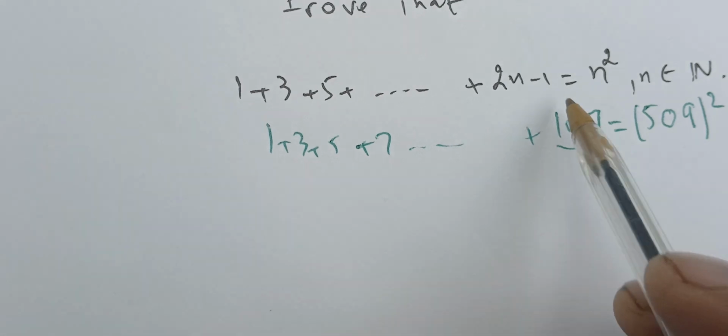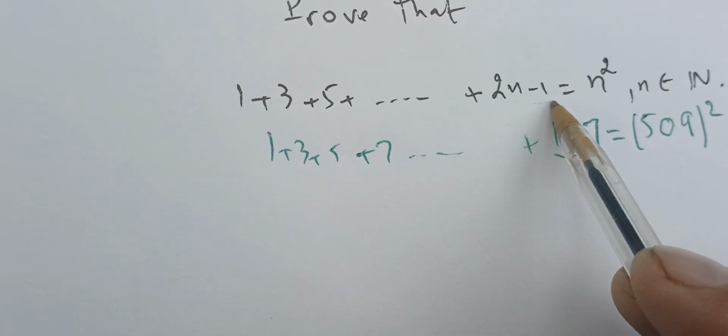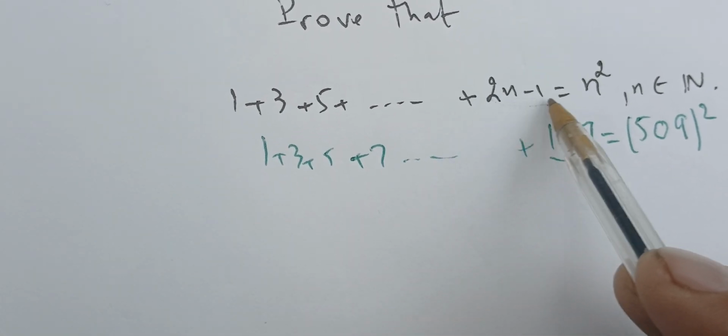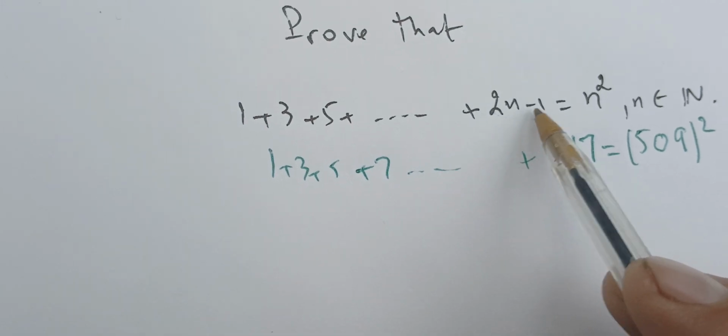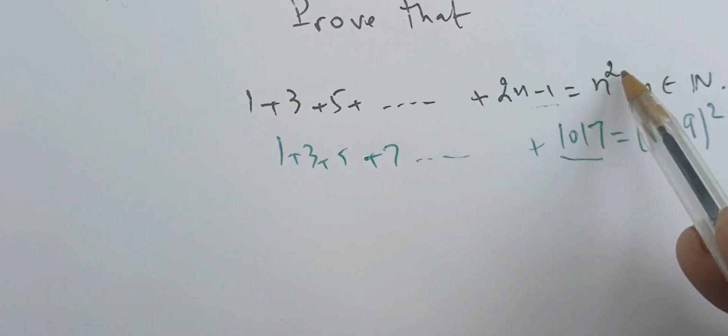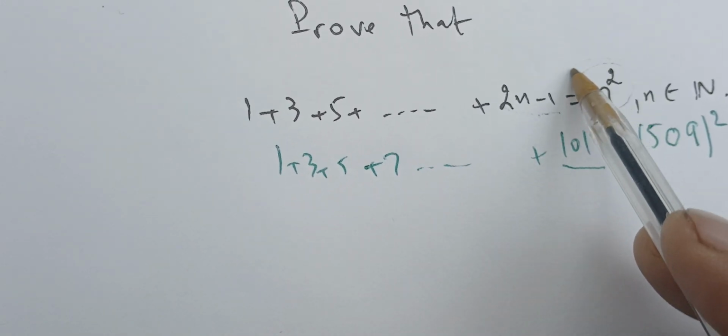Remember this integer here, 2n minus 1. What's the next one coming after this one? 2n. We divide it by 2 and we square it to get the sum. So this is how you remember.